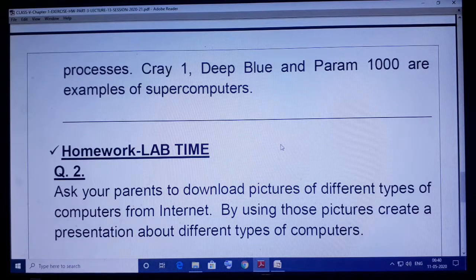So 4 types of computers. For creating the presentation you have to download pictures of all the types and then write a small description about each type of computer. In this way you can prepare the presentation.